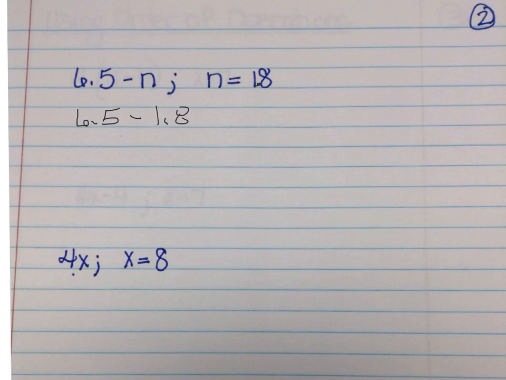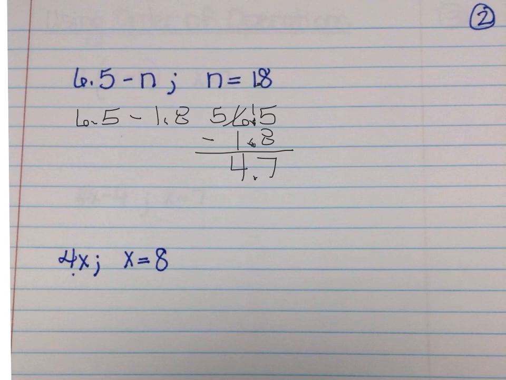Okay, I like to do my decimals vertically. So I'm going to go 6.5 minus 1.8 that way. And when I subtract and I borrow and I do all that, let me just do it really quick. And we bring down the decimal because we lined those up. Okay, and we have 4.7 is the answer. Don't forget to line up your decimals.